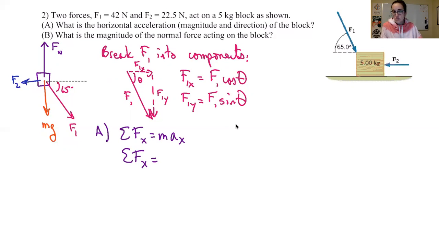So I'm just going to assume that to the right is positive, and I'll just get started that way. If we end up with a negative answer, that just means that it's actually accelerating to the left instead. So I'm going to say the x component of F1 is working on the block in the positive x direction, and F2 is working on the block in the negative x direction. So now our goal is to figure out A, so you can set these equal and solve.